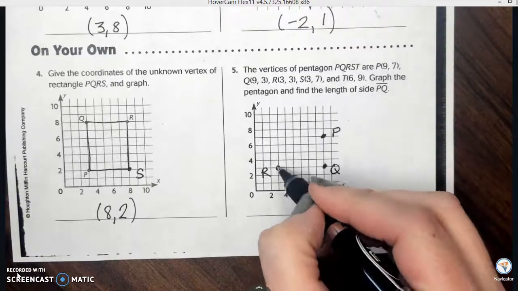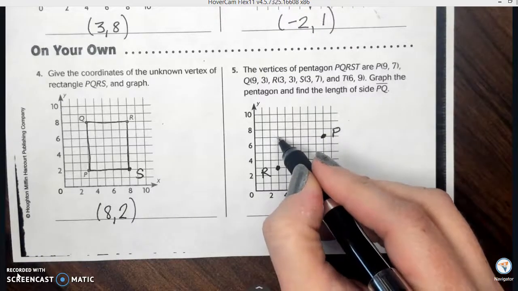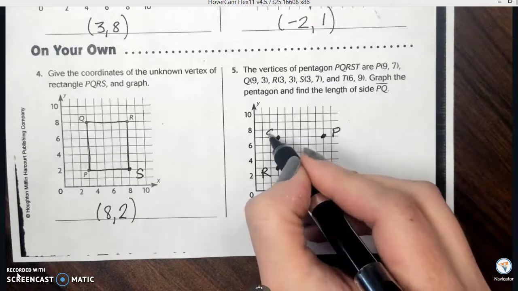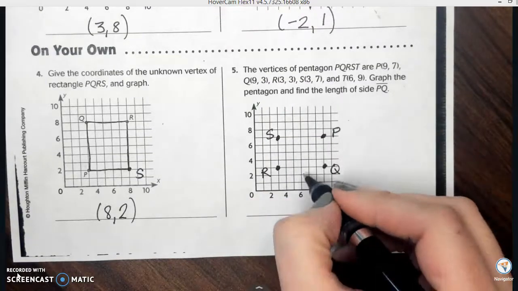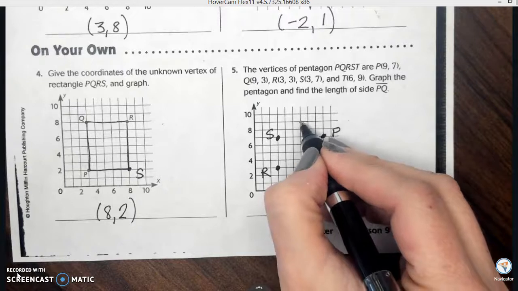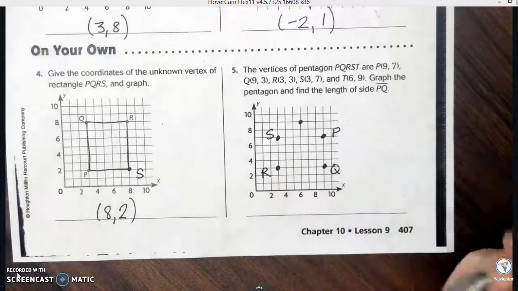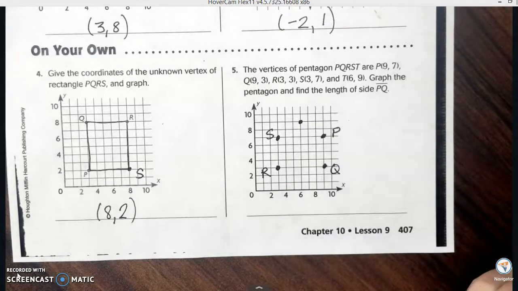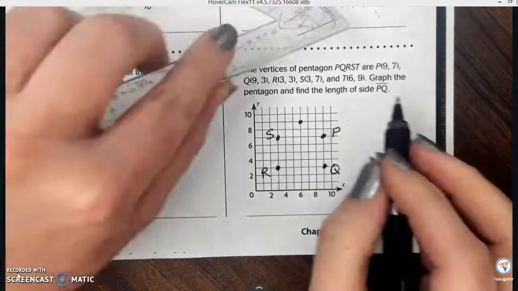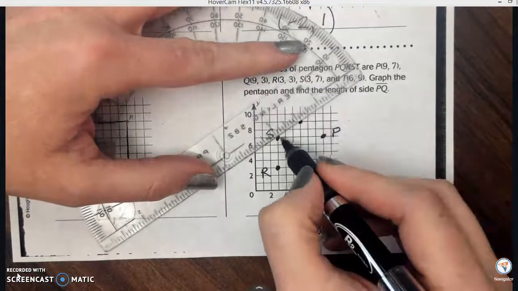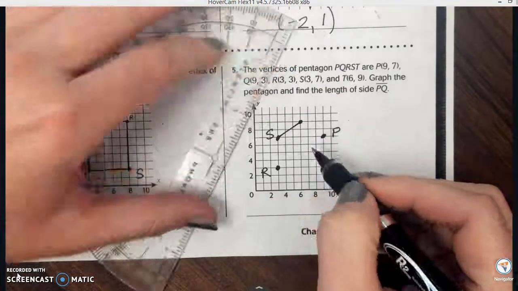S is at 3, 7. And T is at 6, 9. So then I'm going to go ahead and connect my dots to make my pentagon.